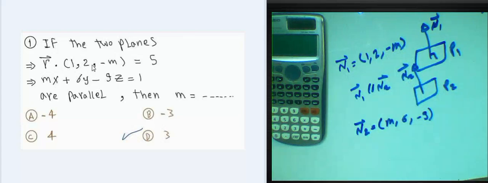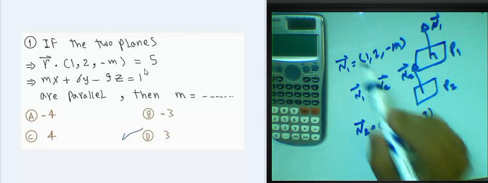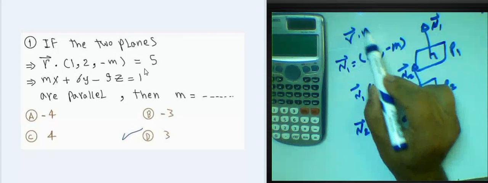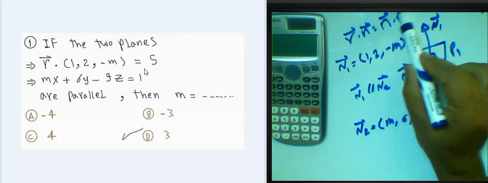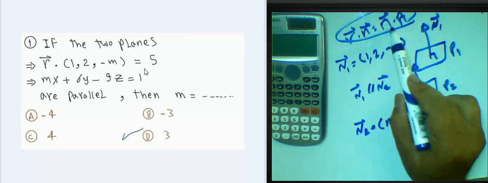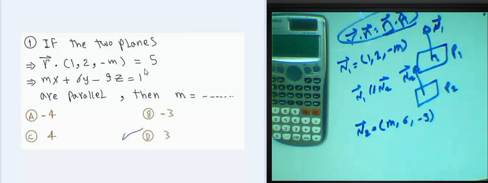Here we write the equation of the plane as vector r dot vector n equal 5. It means n dot any point, because we can write the equation of the plane as r dot n equal n dot any point. Then the vector n in the first plane will be 1, 2 and negative m.